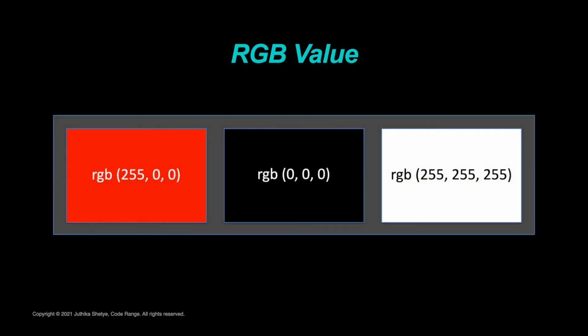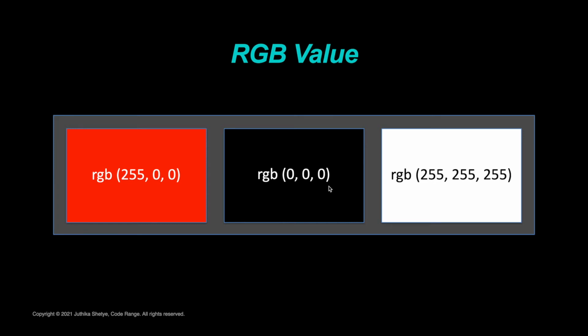For example, RGB 255, 0, 0 is displayed as red because red is set to its highest value 255 and others are set to 0. To display black, set all color parameters to 0 like this, RGB 0, 0, 0.